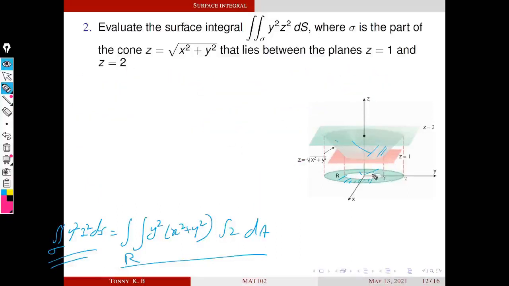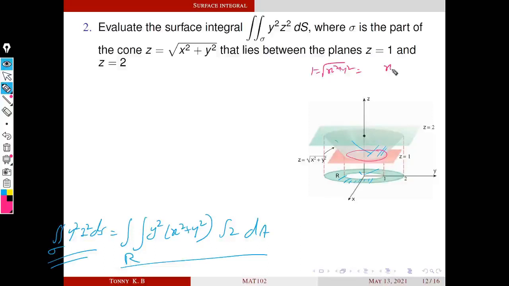What is the equation of this inner circle? It is clear that this inner circle is the projection of this circular region. So what about the equation corresponding to this intersection? When z equal to 1, our slanted surface cone z is equal to square root of x square plus y square becomes 1 equal to square root of x square plus y square.